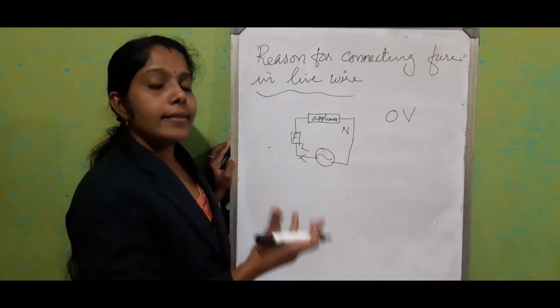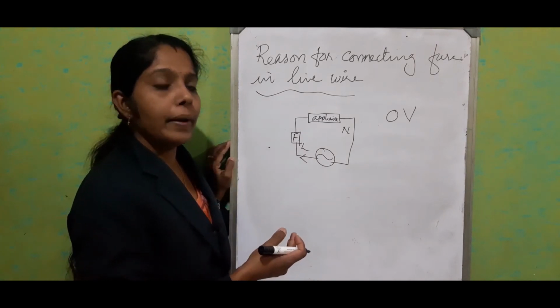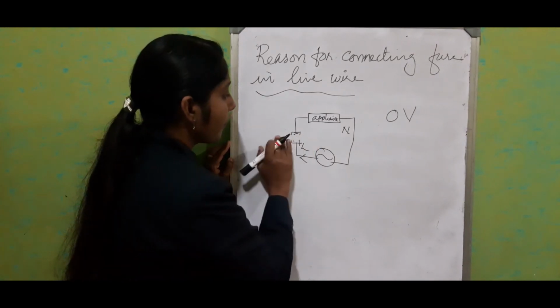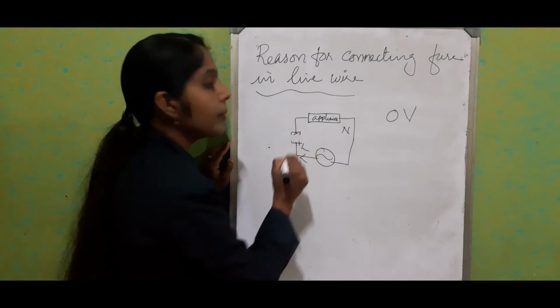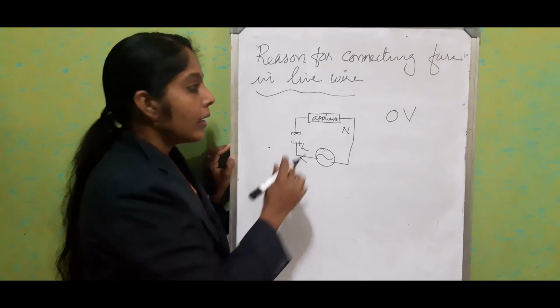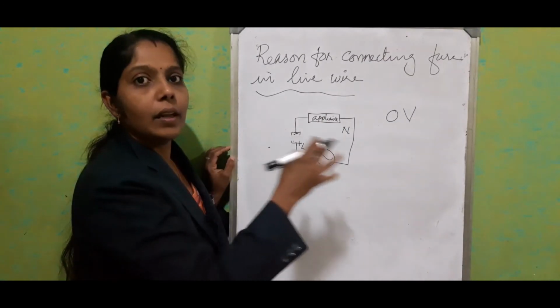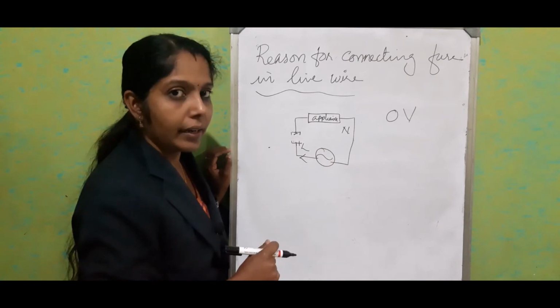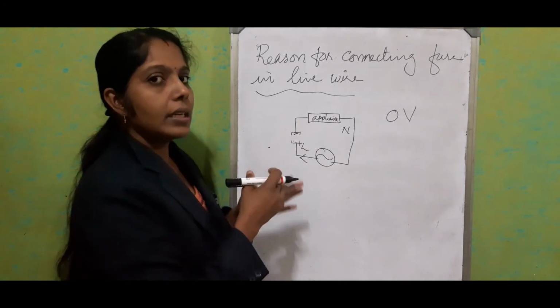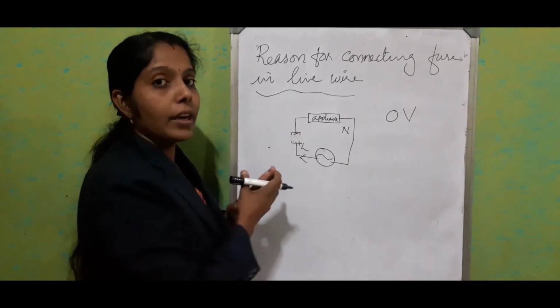Now if excess current passes through the circuit, what happens? The circuit will break off, so the appliance will not get too much electricity and it is safeguarded. This is the way we have to connect it.